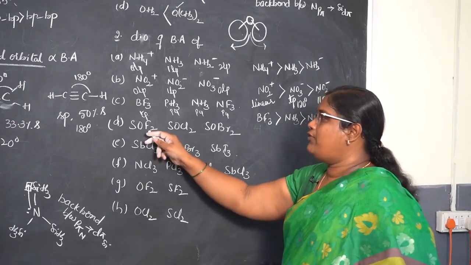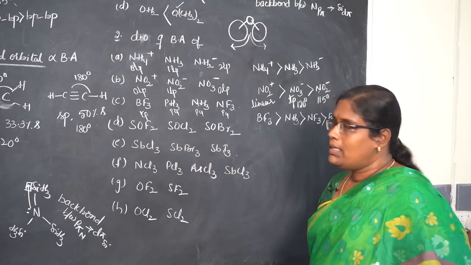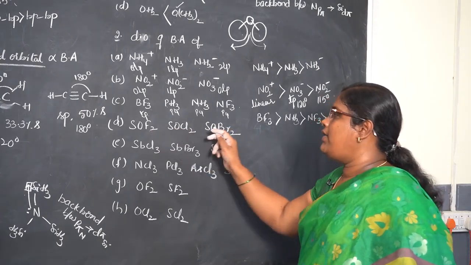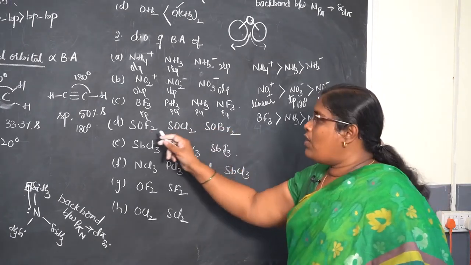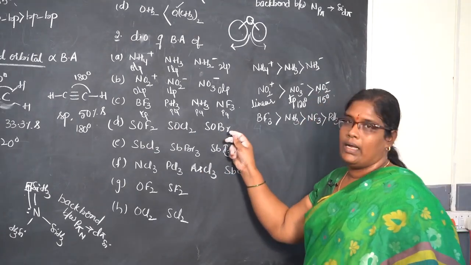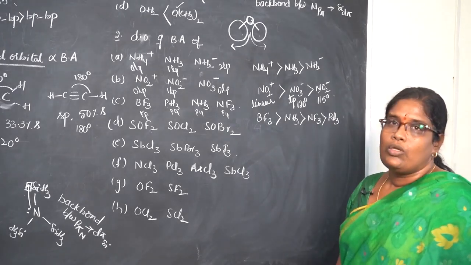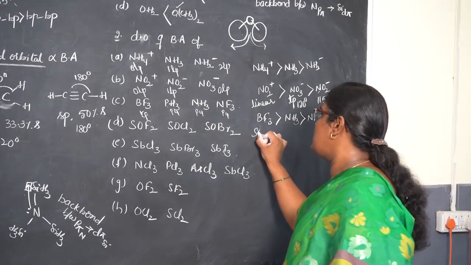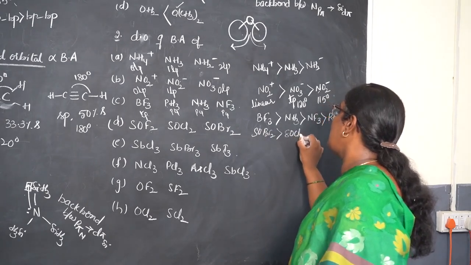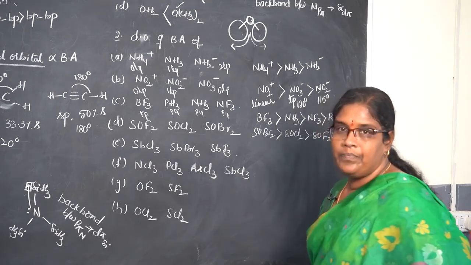Now, SOF2, thionyl fluoride, thionyl chloride, thionyl bromide. So, what is the only changing factor? Electronegativity of surrounding atom. From fluoride to bromide, electronegativity of surrounding atom is decreasing. So, bond angle increases. So, thionyl bromide has more bond angle than thionyl chloride, more than thionyl fluoride.